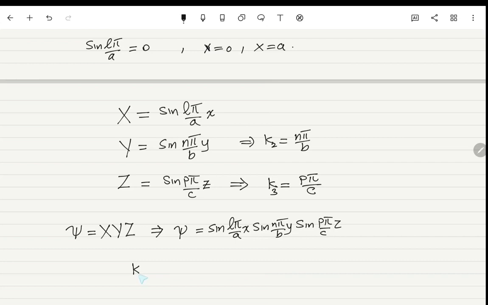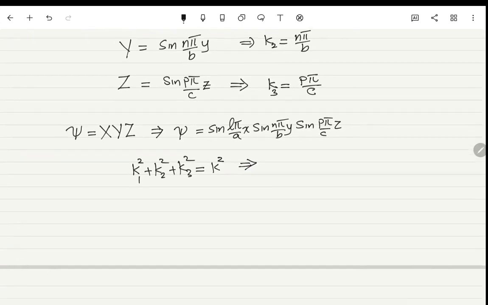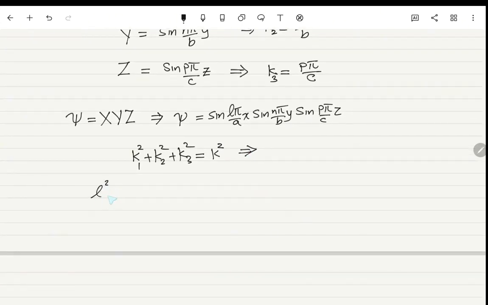And with the aid of the equation k1 square plus k2 square plus k3 square all equal to k square, we can find that L square pi square over a square plus n square pi square over b square plus p square pi square over c square all equal to 2mE over h bar square.